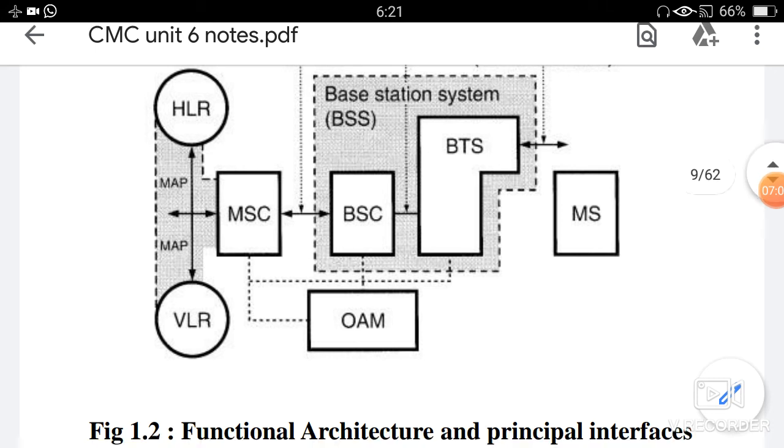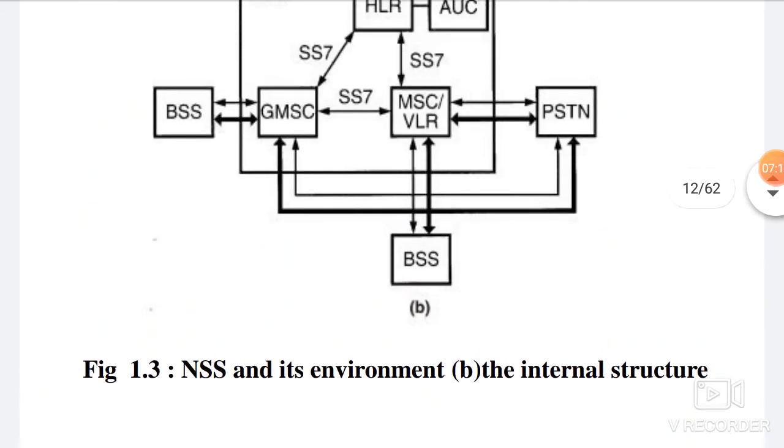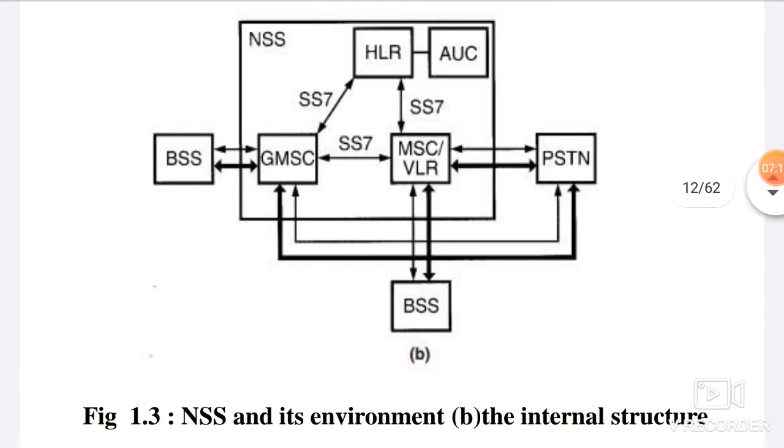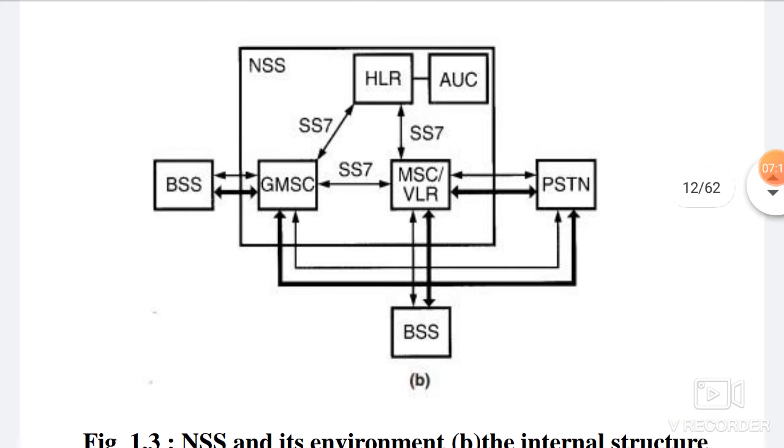And here we can see the GMSC. This is the diagram for the internal structure of your NSS. There you can see the BSS passing through a GMSC. In order to set up a requested call, the call is initially routed to a gateway MSC, your GMSC, which finds the correct HLR by knowing the directory number of the GSM subscriber.